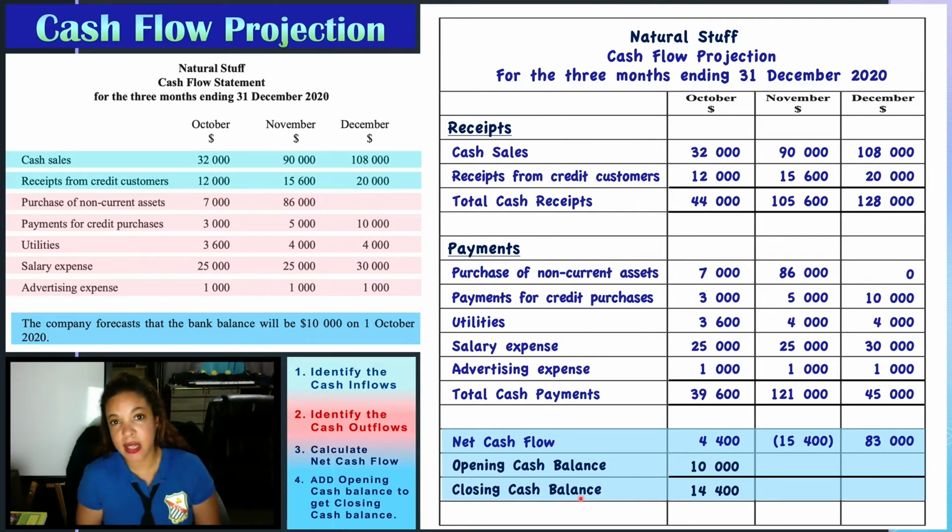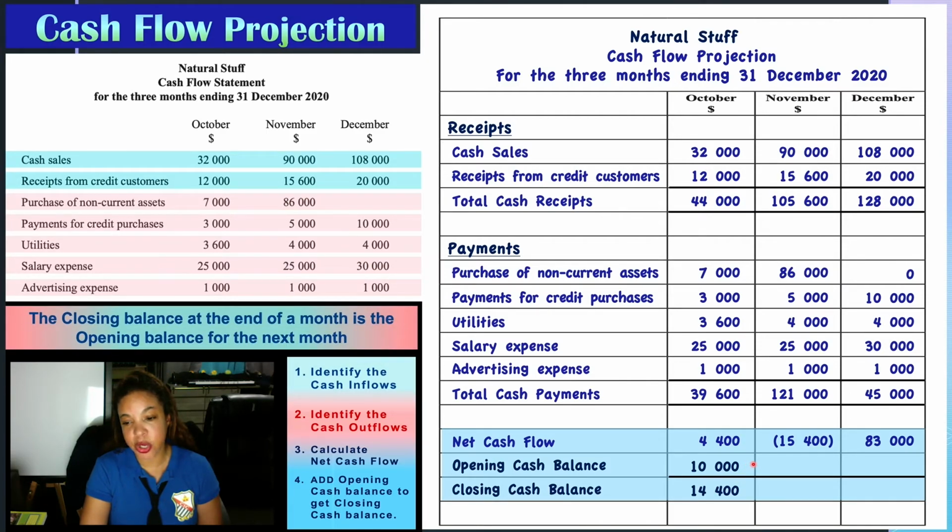We are now going to go to November. Where do we find our opening cash balance for November? It is the closing cash balance for October. So you're going to take this closing balance and put it as your opening balance, 14,400, because the closing balance at the end of the month, 14,400, is the opening balance for the next month.